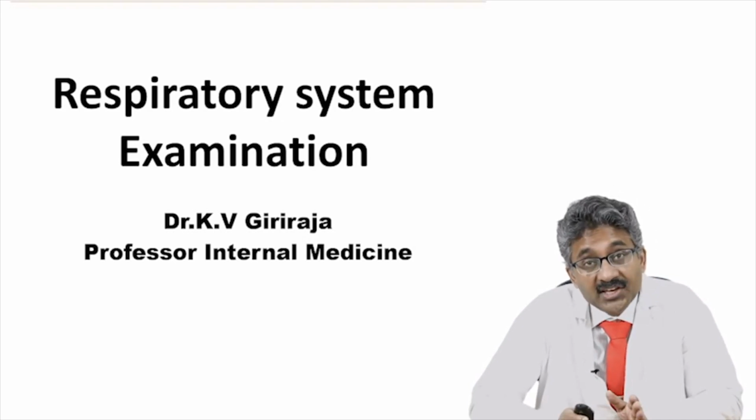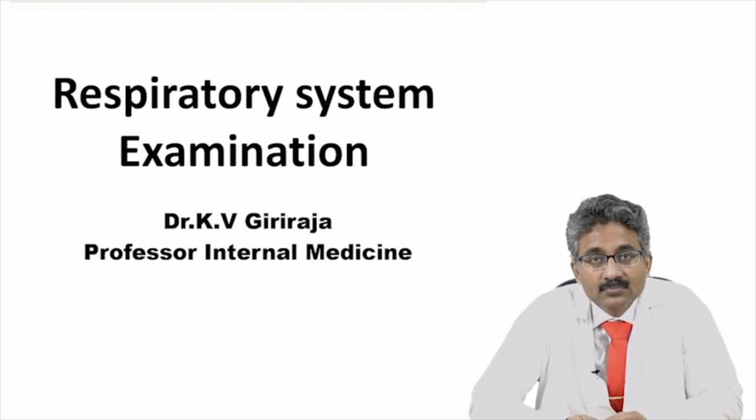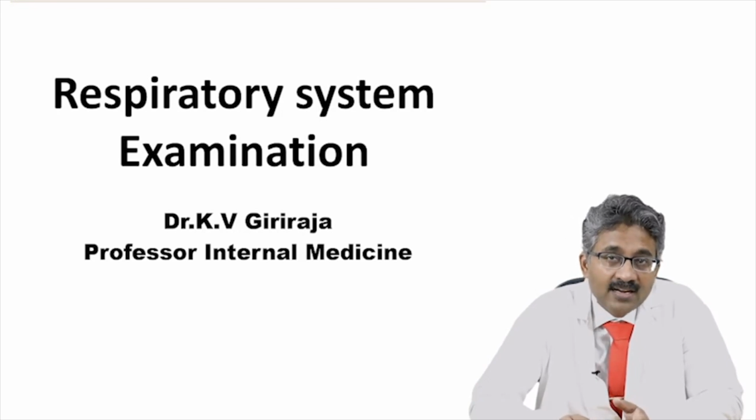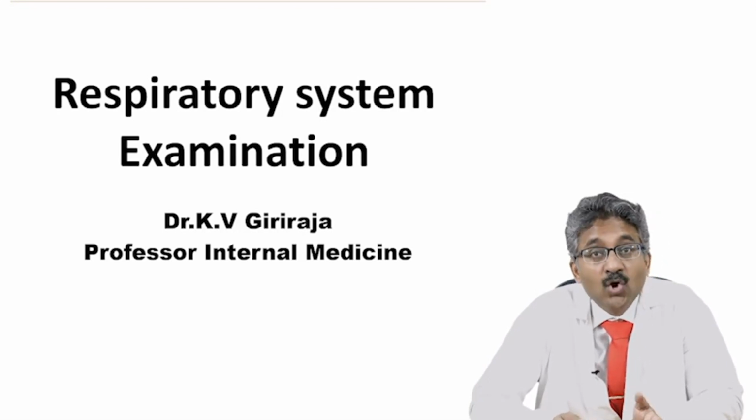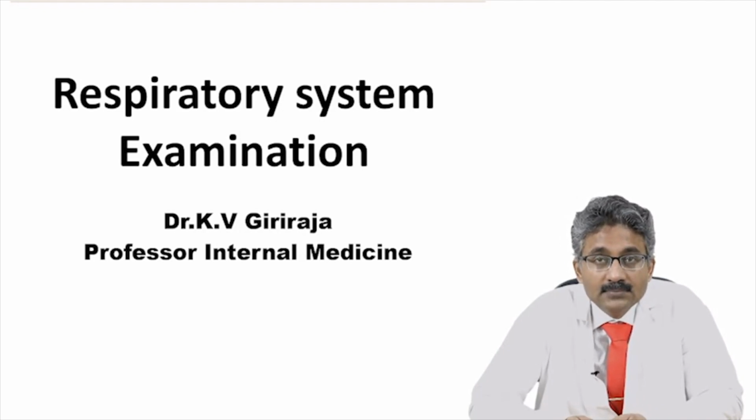Then postural variation of the cough you should ask. In bronchiectasis and lung abscess, if your patient lies down on the uninvolved lung, secretions from the involved lung can come and irritate the normal mucosa, and they may get cough, postural variation. Then you have to ask about foul smelling sputum.